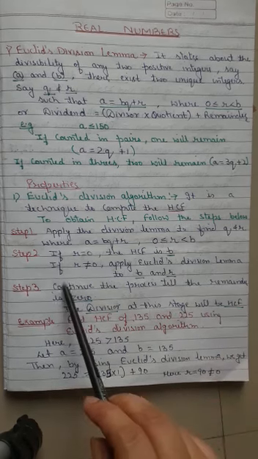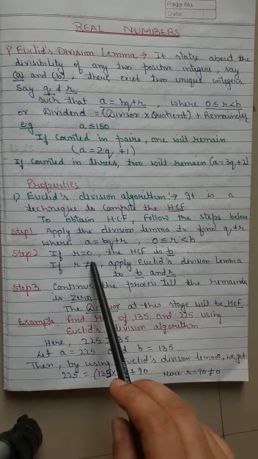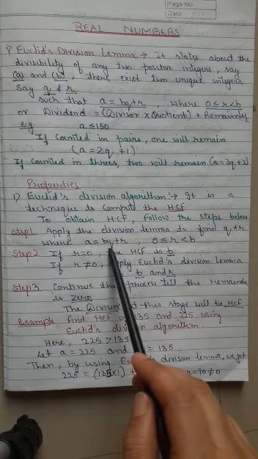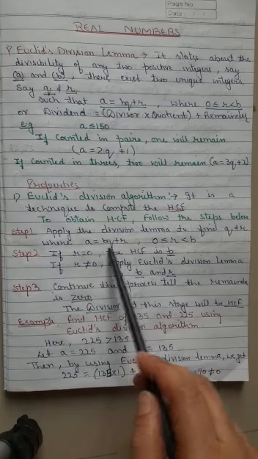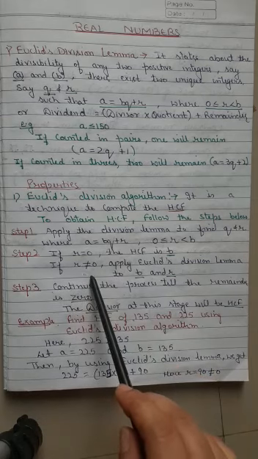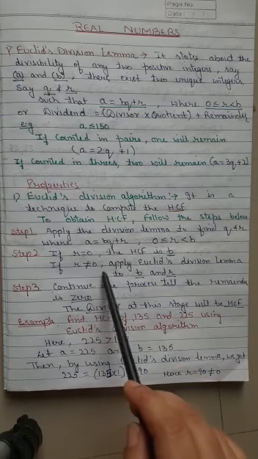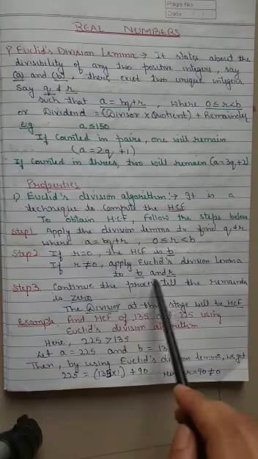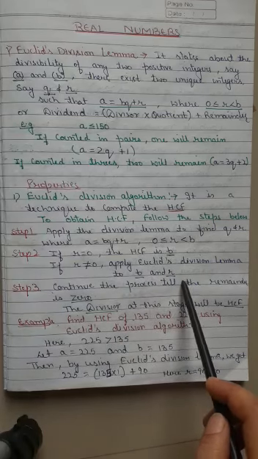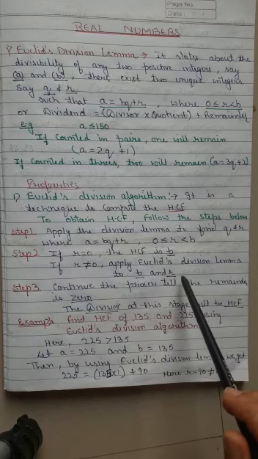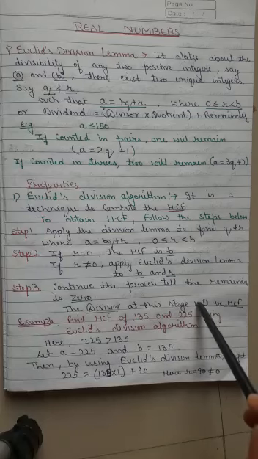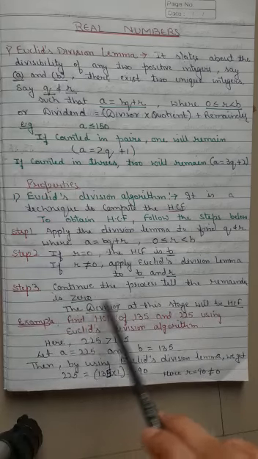The next step: if the remainder is 0, then the value of the HCF is b. b is our divisor. And if the remainder is not equal to 0, then we have to again apply Euclid's division lemma to find the values of b and r. We have to apply this until the remainder is 0.